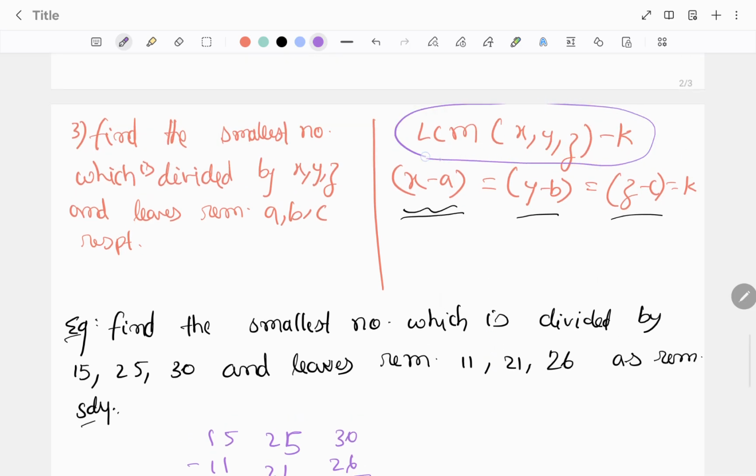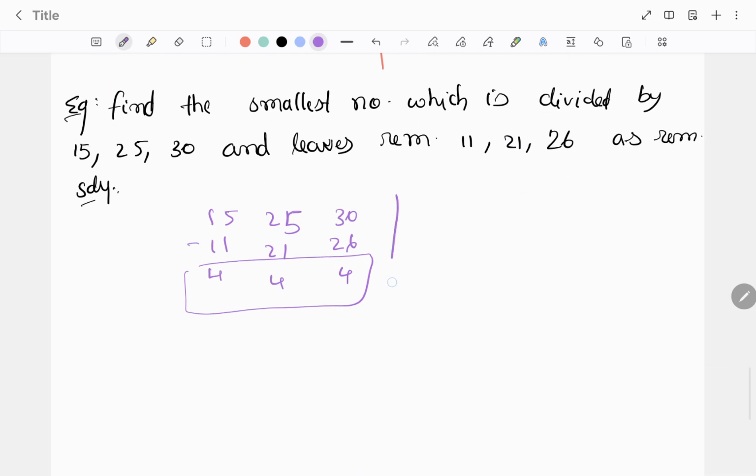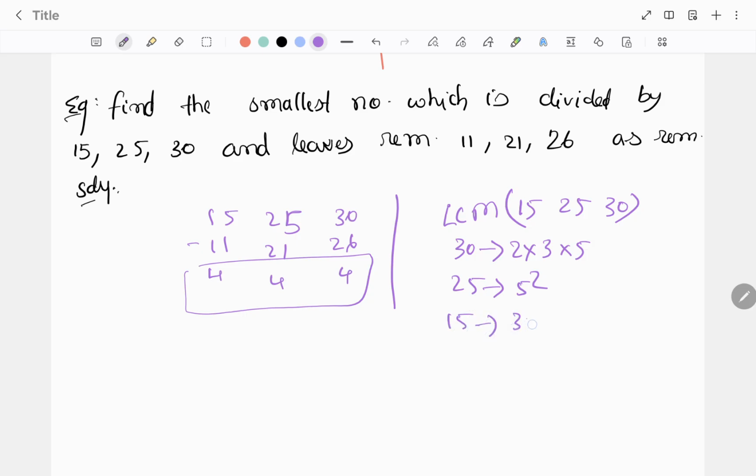Then what form is it? LCM of x, y, z minus k. So the LCM of 15, 25, 30: 30 can be written as 2 into 3 into 5, 25 as 5 square, 15 as 3 into 5.